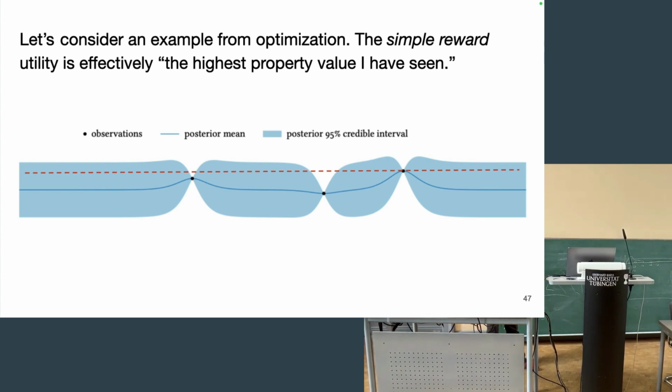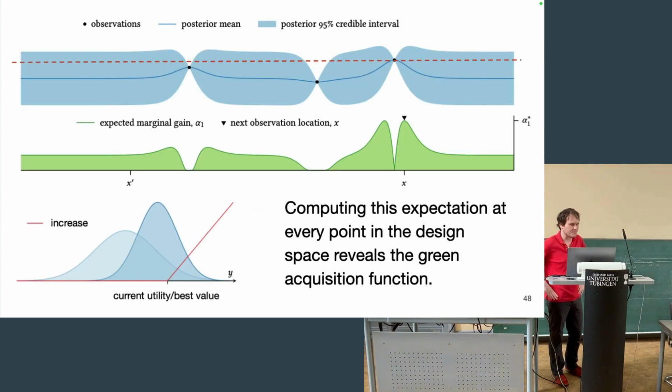Here I'm simply going to say, if I want to optimize the function, then I will score a data set according to the highest value in the data set. So for this particular example, the value of this simple reward utility is going to be the height of this red dashed line here, which is, for this data set, the highest value that I saw. It's a natural utility function, I think, that you might come up with for measuring optimization progress.